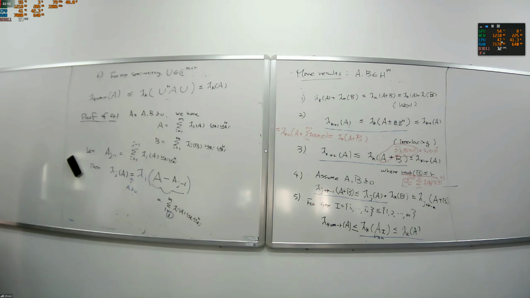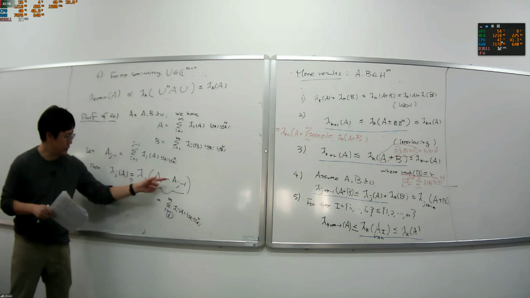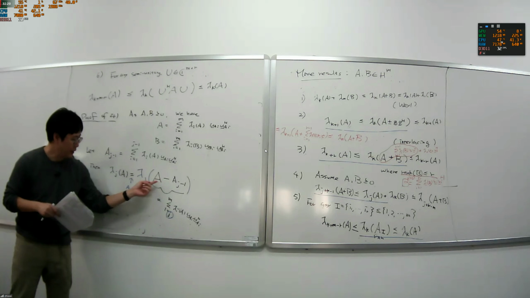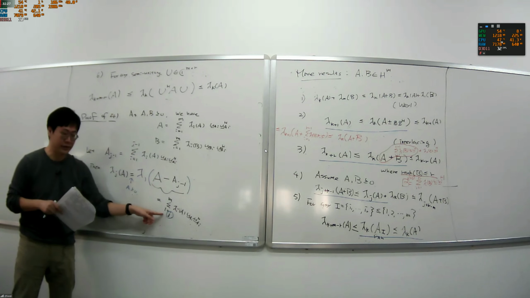Is that okay? I remove the first j minus 1 rank 1 components from A, so A becomes this.